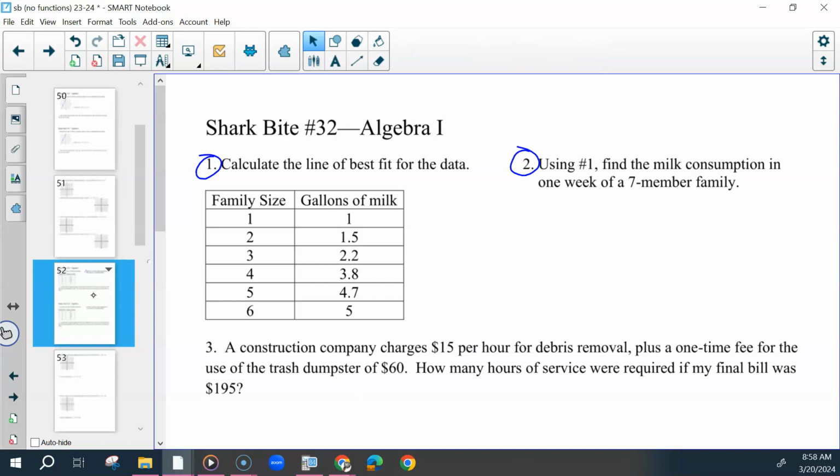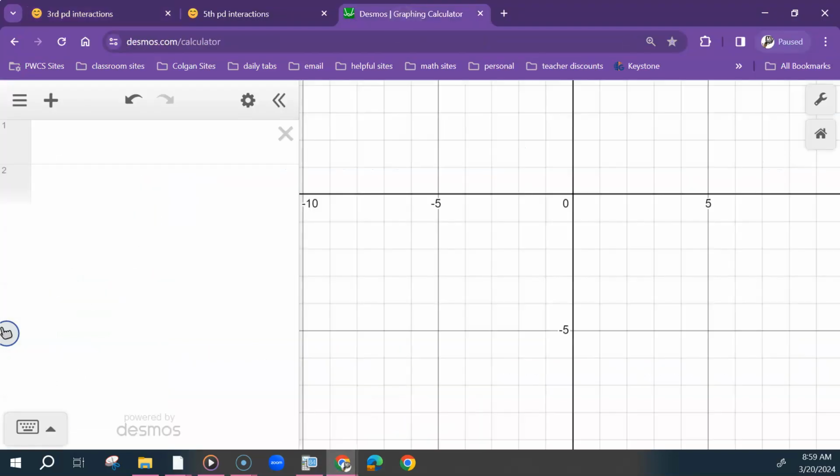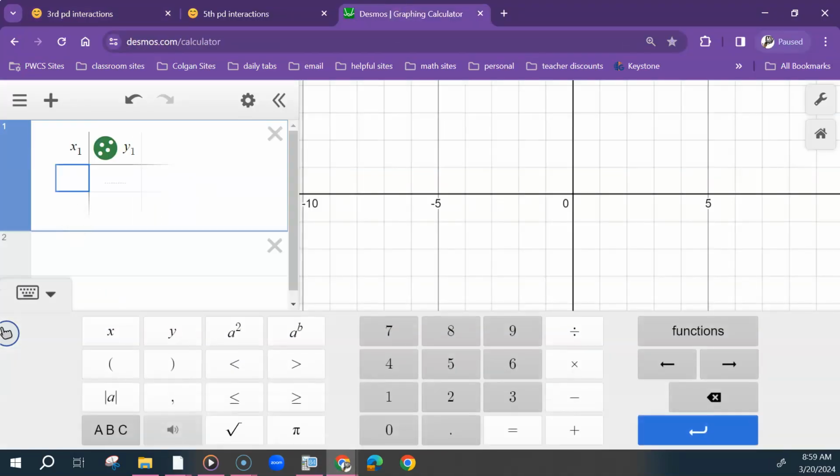Most, if not all of these, can be done in Desmos. So starting with number 1, we have to find the line of best fit by making a table with the numbers in that table.